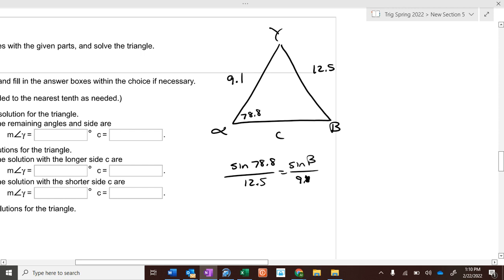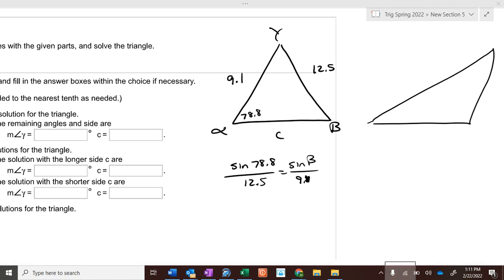We get some fairly small angle. How small is that angle? No, then do inverse sine of the answer. So it's a 45.5 degree angle.